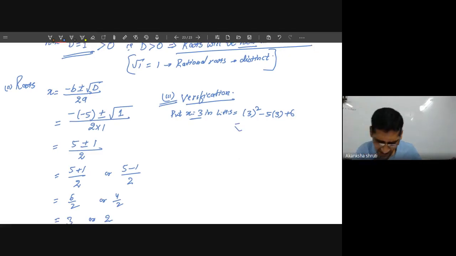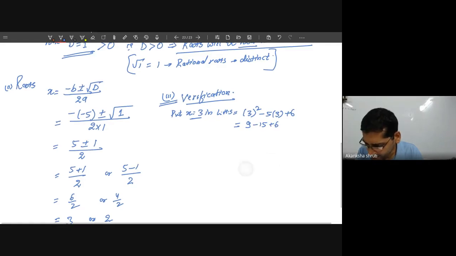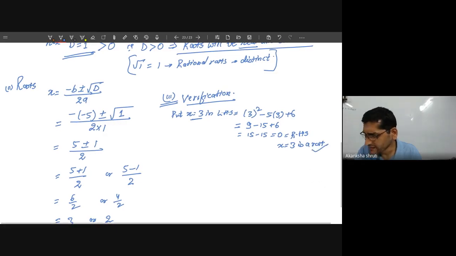Student, the first one is 9 minus 15 plus 6. It is like 15 minus 15, we are getting 0. Means this is our RHS. Means x equals to 3 is a root. It's okay, our calculation is correct. Similarly, you can do it for x equals to 2.